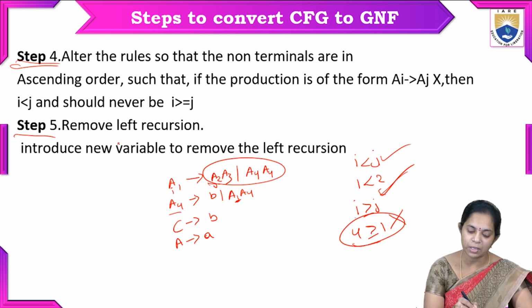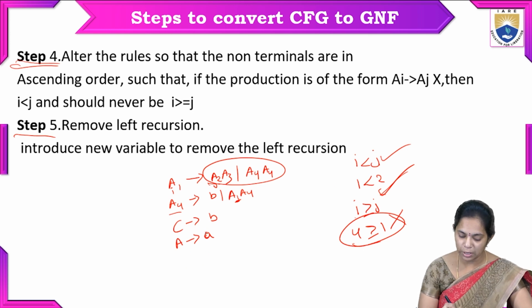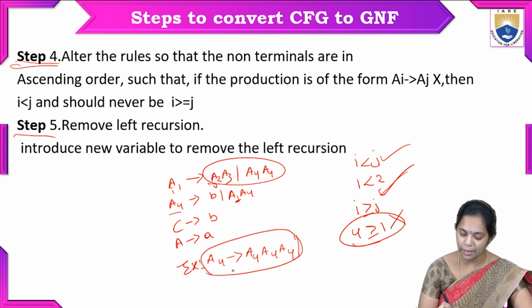And the fifth step is to remove the left recursion. Here A4 tends to A4, this is the example of left recursion: A4 tends to A4 with 4 and 4. This type of condition is called left recursion.